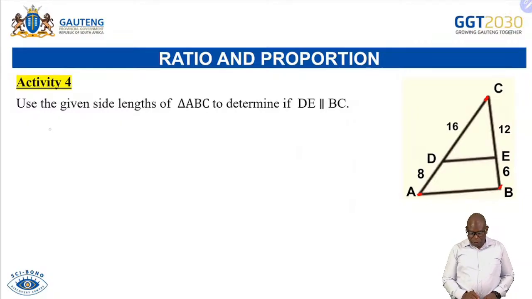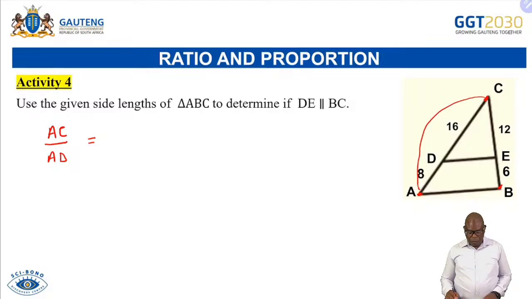I want us to look at AC over AD, which must be equal to BC over EB. Right.